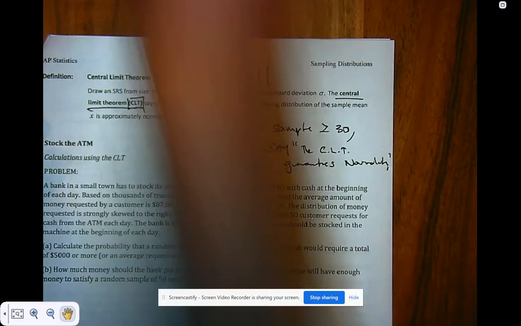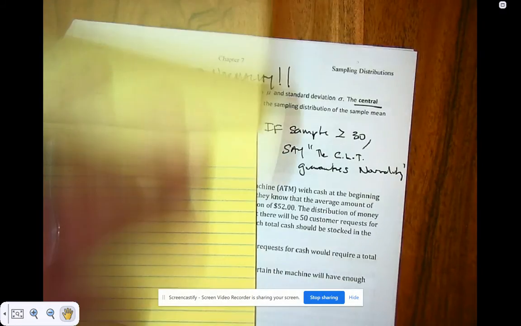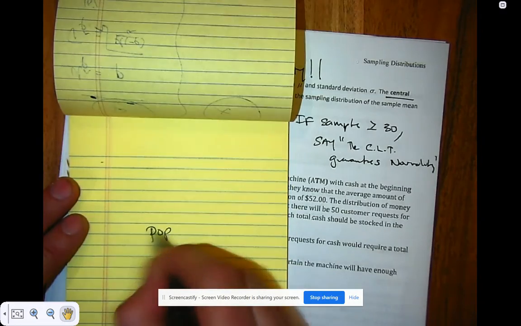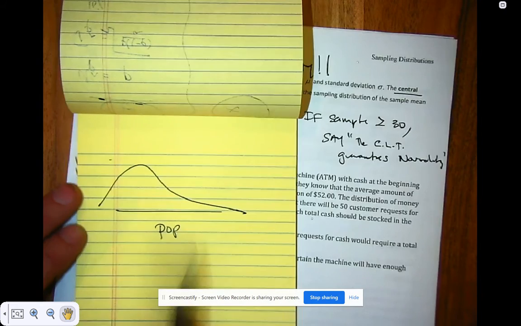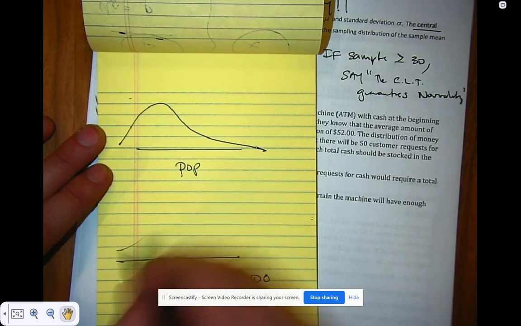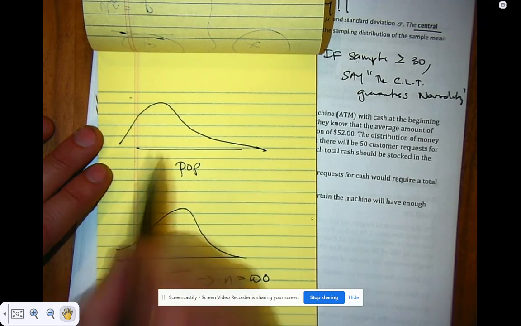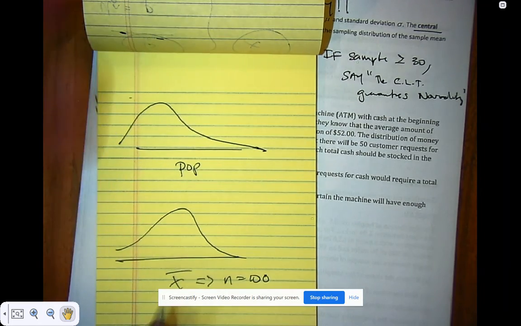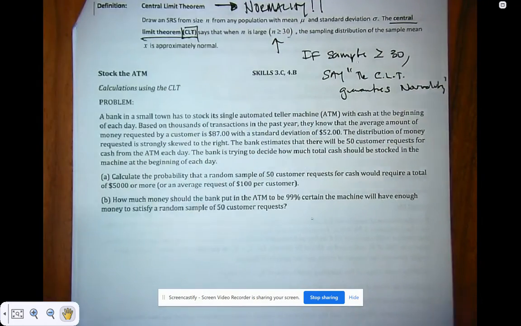Really what that's saying is, what if your population was totally skewed right, heavily skewed right, and you go take a sample of size 100 from that population? You're going to get an approximately normal shape, even if it's heavily skewed. So this just addresses the normality condition.